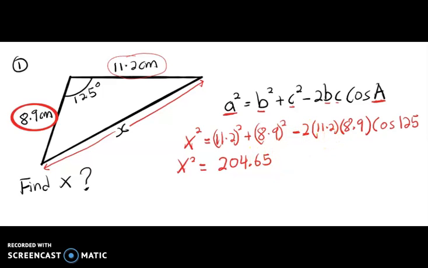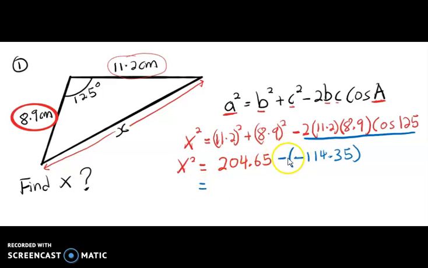Then here we have to multiply, so minus 2 multiplied by 11.2 multiplied by 8.9 multiplied by cos 125, which comes to minus 114.35. I just round it off here.